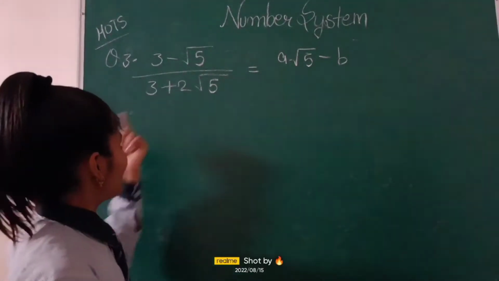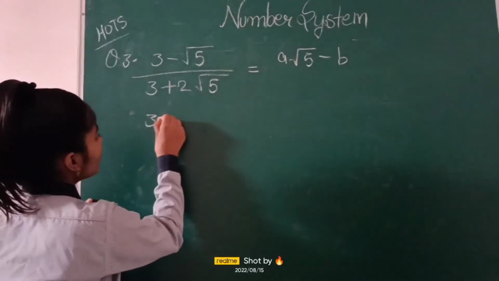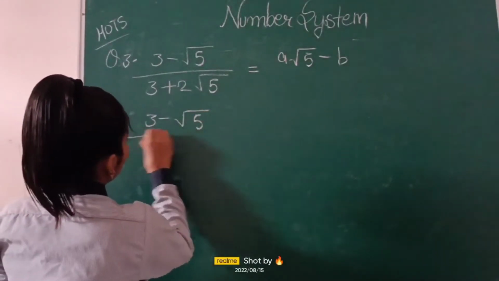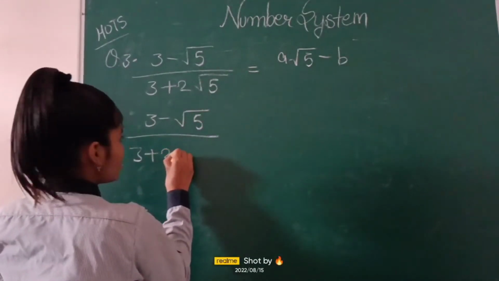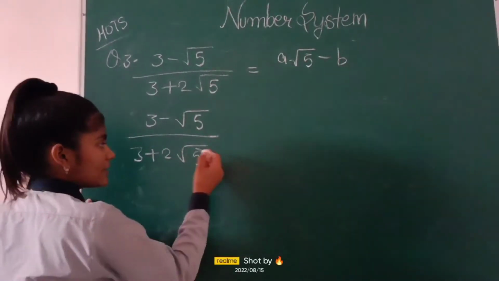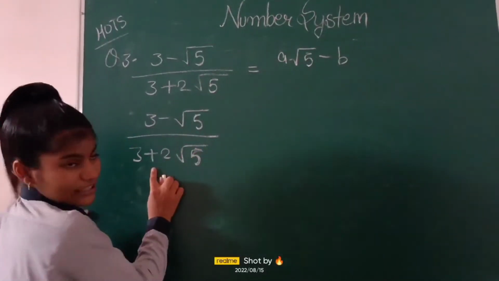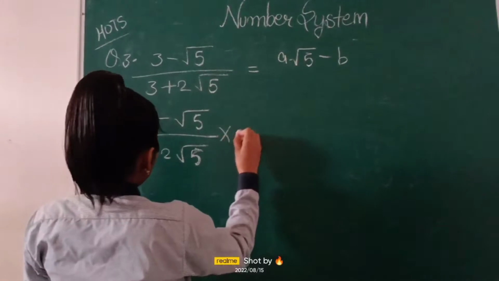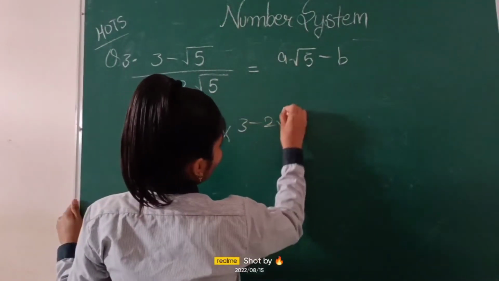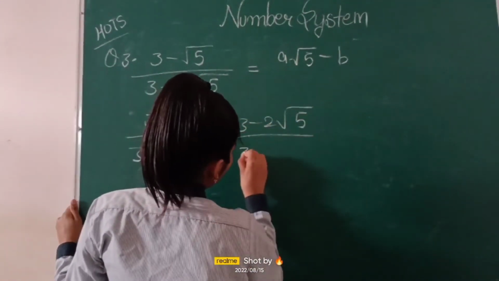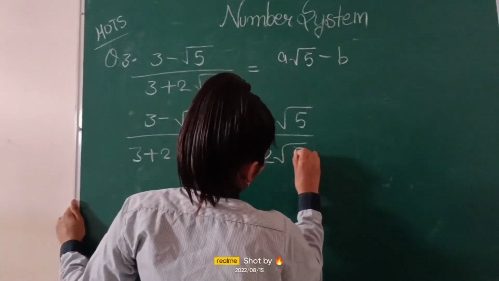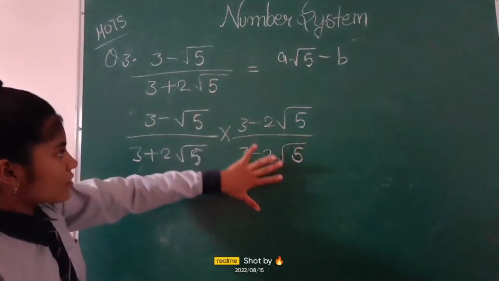So let's rationalize that. We will get (3 minus root 5) upon (3 plus 2 root 5) multiplied with (3 minus 2 under root 5) by (3 minus 2 under root 5); we will change the sign of the middle value. Then we will solve this.